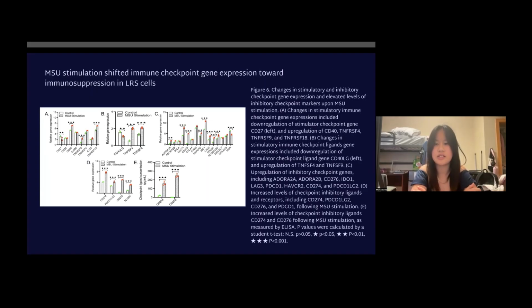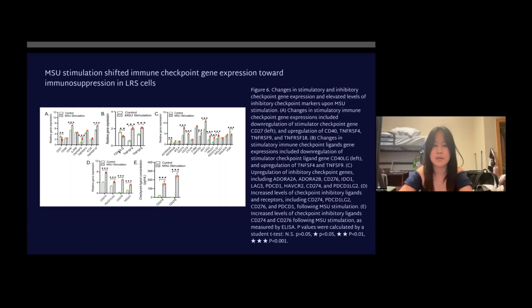This figure shows the changes in stimulatory and inhibitory checkpoint gene expression and elevated levels of inhibitory checkpoint markers after MSU stimulation. Plot A shows that the gene expressions for CD27, CD2A, and all these genes have increased significantly after MSU stimulation. Plot B shows an increase in TNFSF4 and TNFSF9, but a decrease in CD40LG.